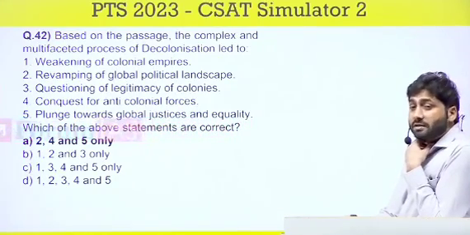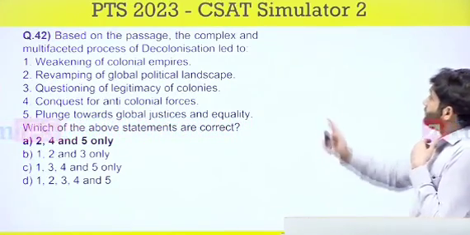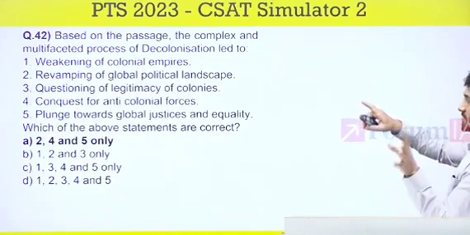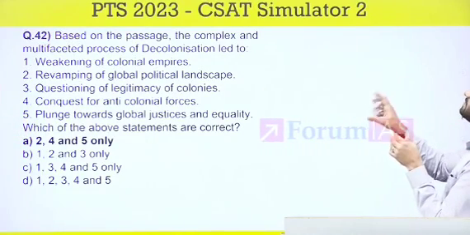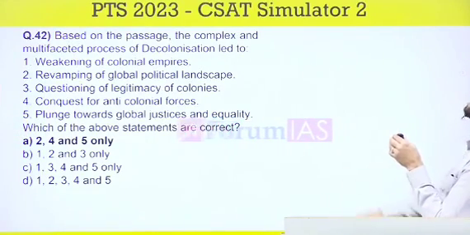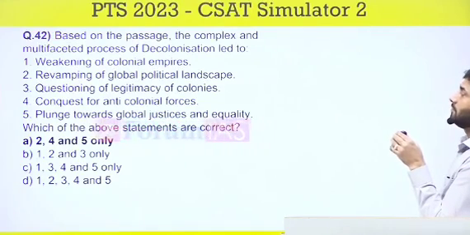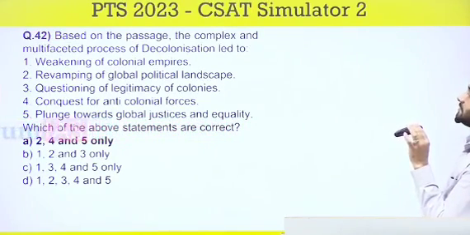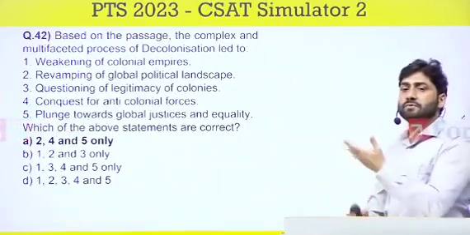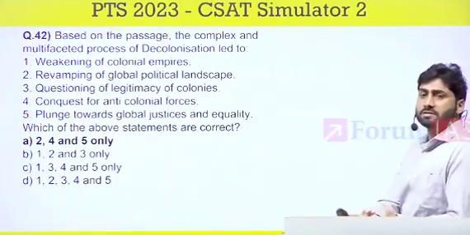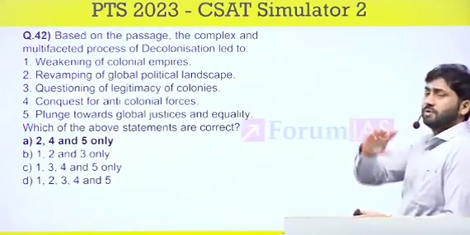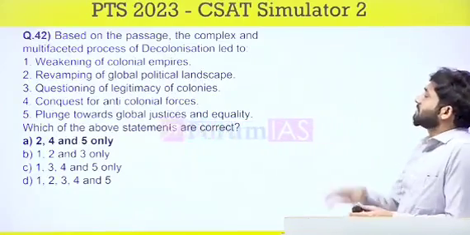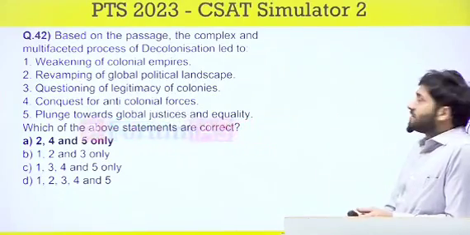According to the passage, this was not the only reason which actually led to the weakening of colonial empires. Colonial empires got weakened because of the World War and so many other things as well. So that's not what is being described here.